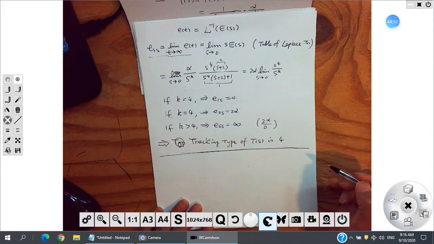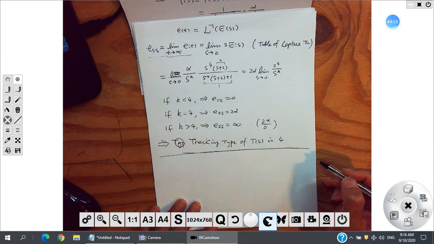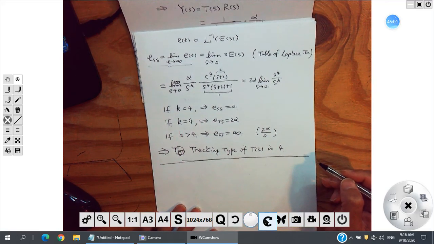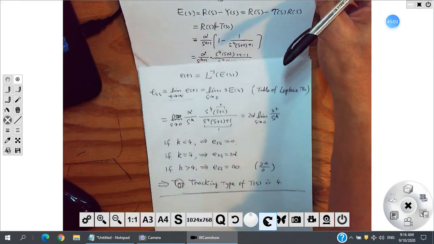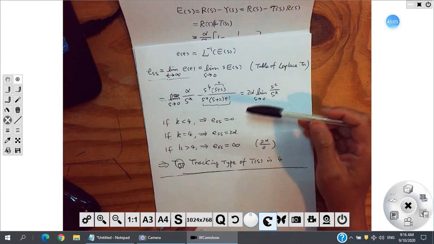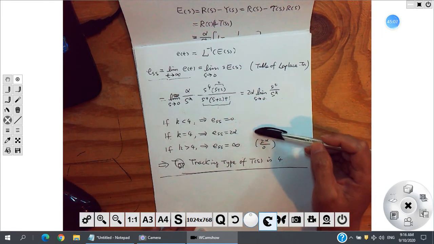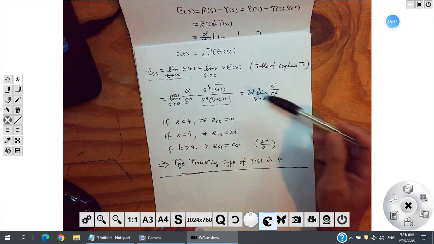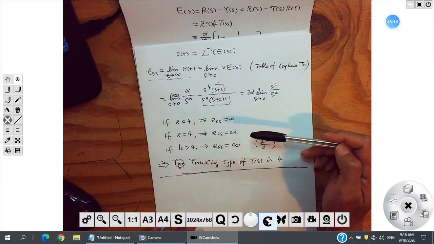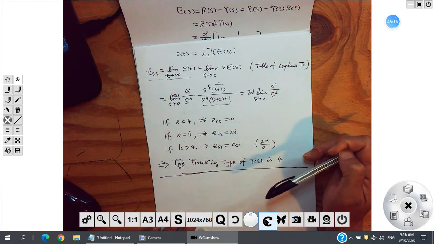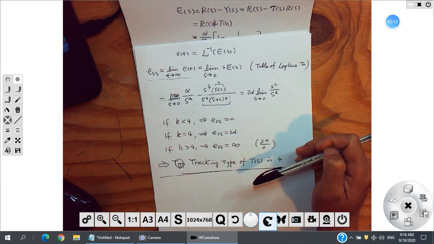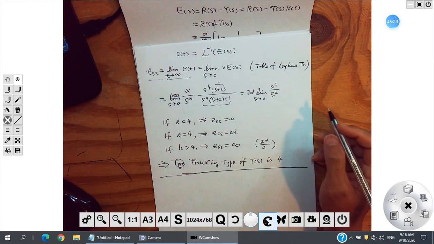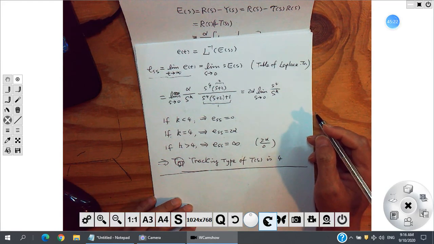In the textbook, they have some formulas for special cases, like for systems of type 0, type 1, type 2, type 3. They have formulas according to their cases. I suggest you go over that part and make a note, a summary about those.